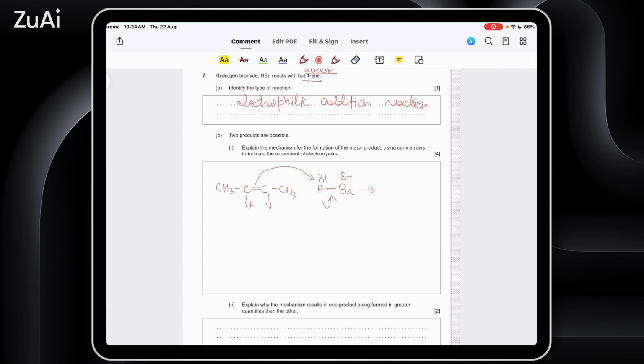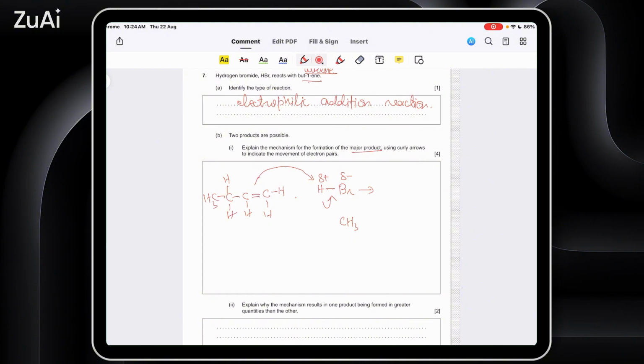So for the major product, by the way, is that but-1-ene? I'm sorry. That is but-1-ene. So hydrogen there, double bond, carbon. Again, now the hydrogen goes to the carbon.